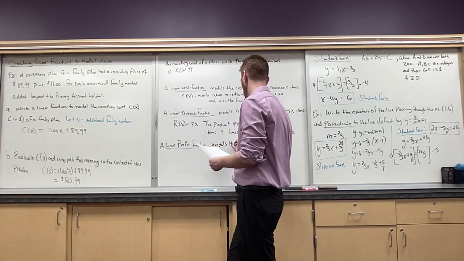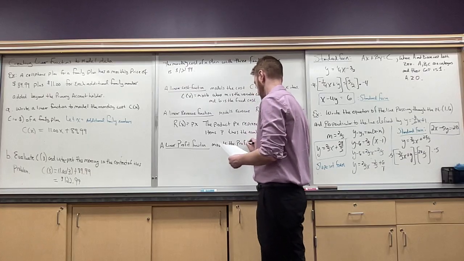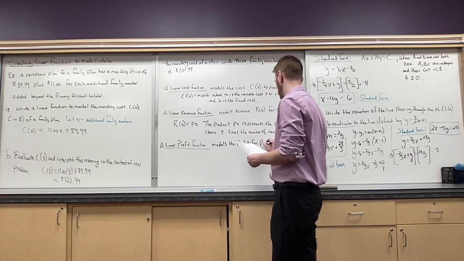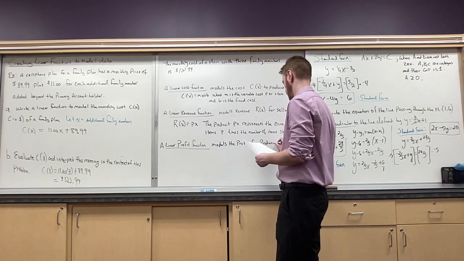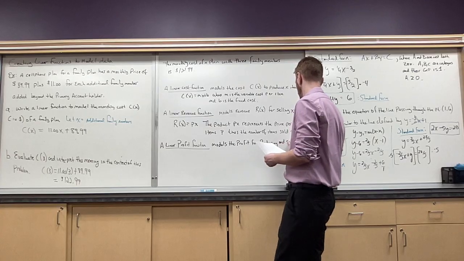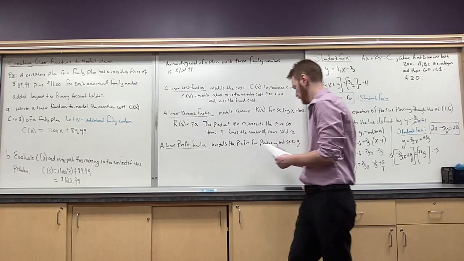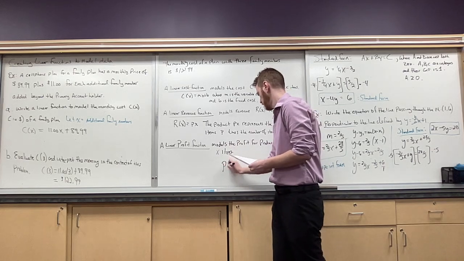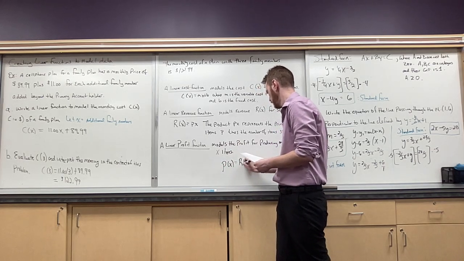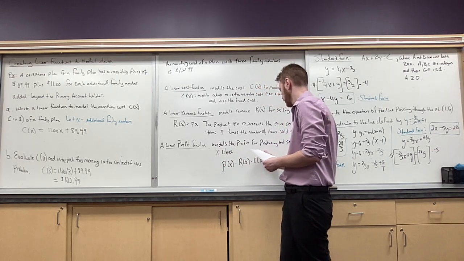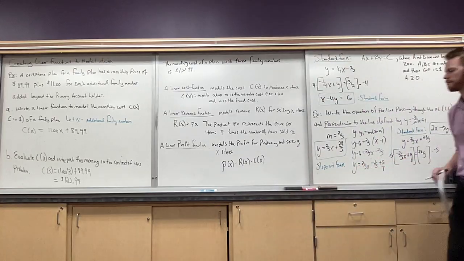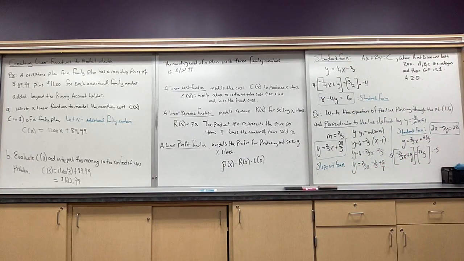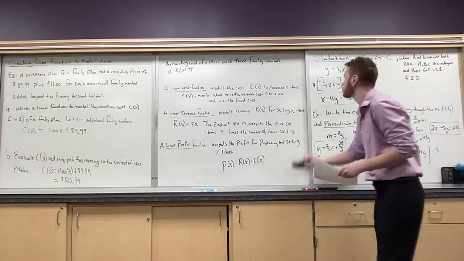Models the profit for producing and selling X items. So that'd be like P of X equals our revenue minus the cost. Okay? So there we go. Those are our three that we're going to use in our next example.